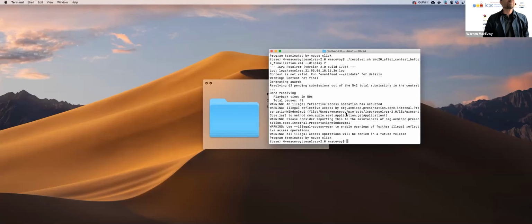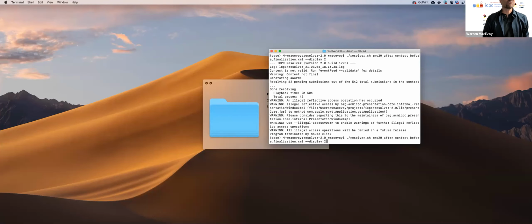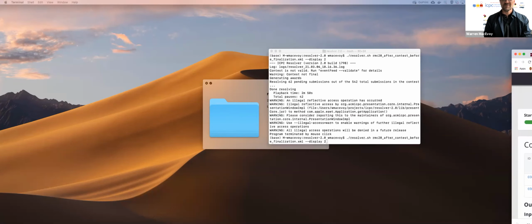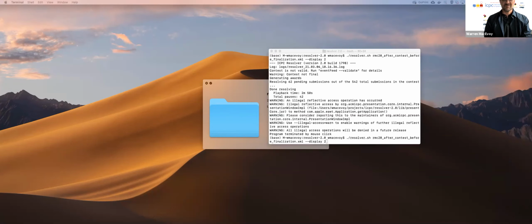Really? Program terminated by mouse click. Okay, now I have to figure out how to get this started on that step. My apologies.